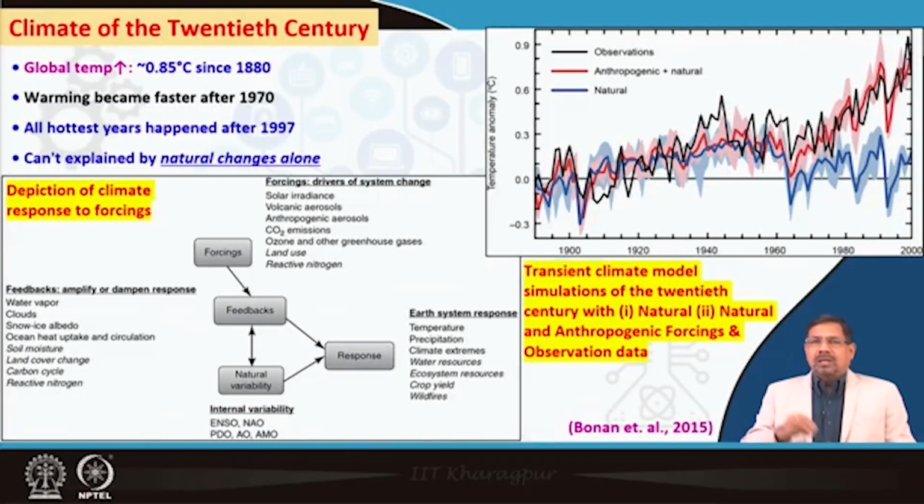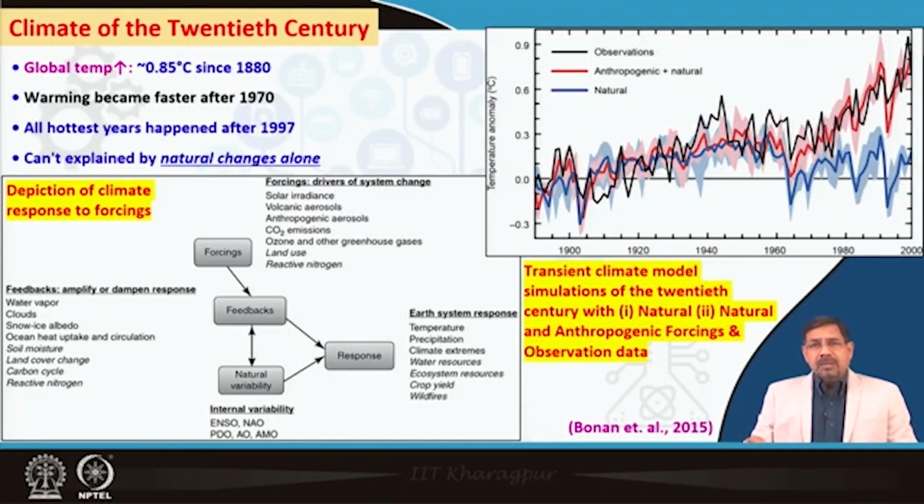You see the rise in temperature, but when we include the anthropogenic plus natural, the red one with a kind of reddish wash areas from different observational models, they say that yes, when the additional impact of anthropogenic is included, the temperature anomaly is well explained. So it is very evident that the anthropogenic induced causes of climate change are the cause of worry and contribute to the temperature rise or the temperature anomaly.